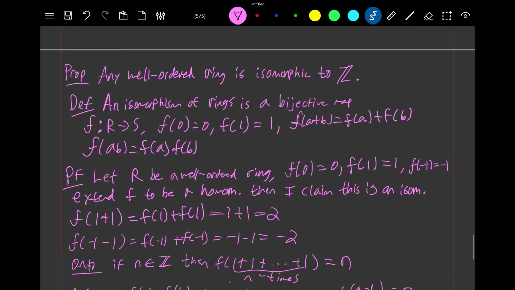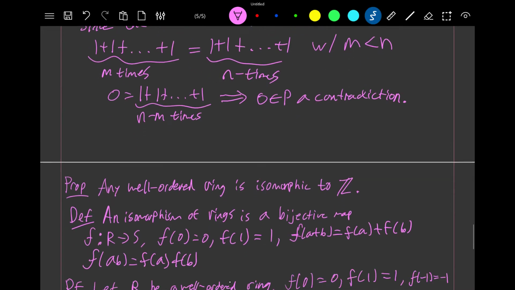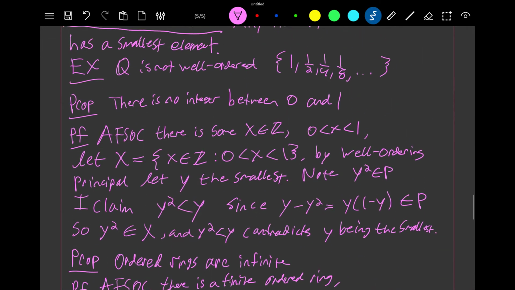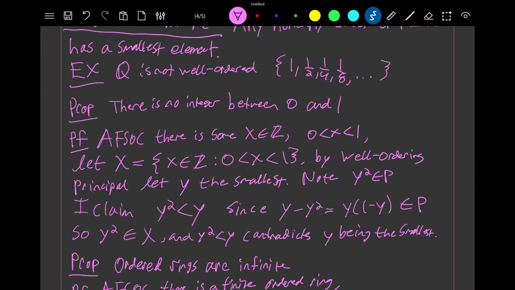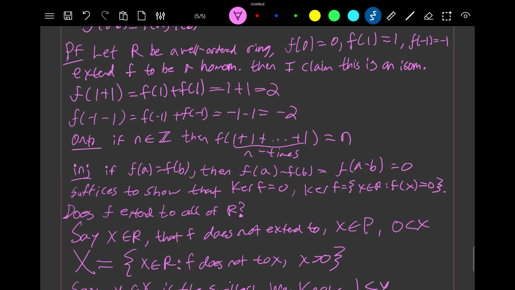Note, for that fact, all we used is the well ordering principle. So if we have a well ordered ring, there is no element of the ring between 0 and 1. So y has to be greater than 1 because we know f extends to 1, because f is defined at 1.